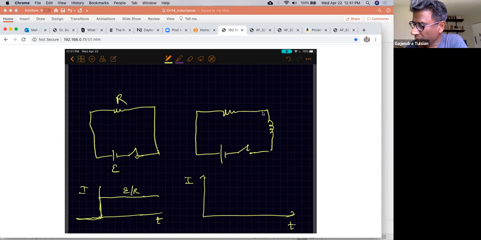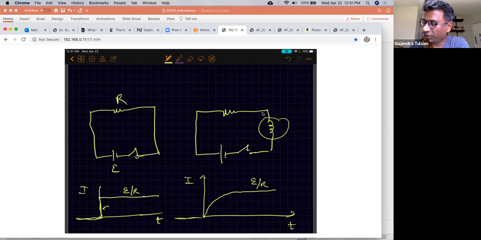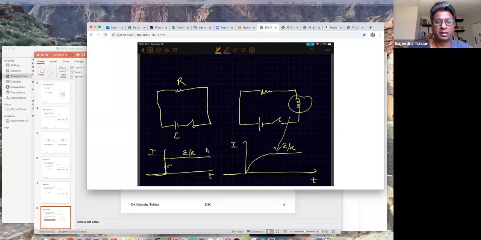For negative times, the current was 0. And now instead of rising instantaneously, the current rises exponentially and goes to the steady state value of E over R. So this inductor has changed the behavior of the circuit by fighting the rise in current. That's what we'll see.